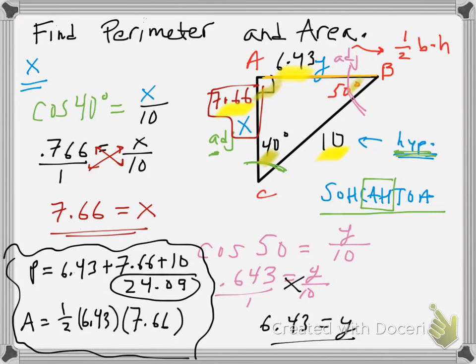And this will give you 1/2 times base times height, drumroll, is 24.63 square units. And there you have it, perimeter and area.